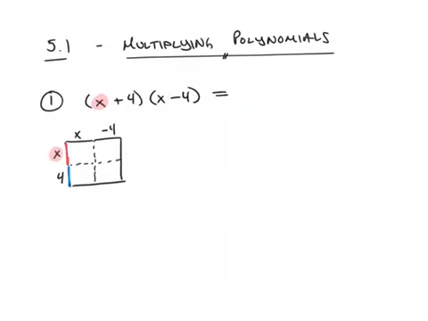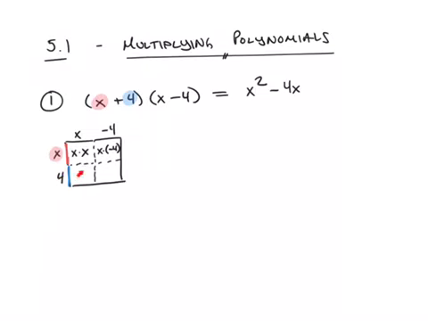Okay, so let's do that. We get x times x and x times negative 4. Up here I'm going to put x squared, because x times x is x to the second power, and then x times negative 4 is minus 4x. Next I'm going to distribute this 4.